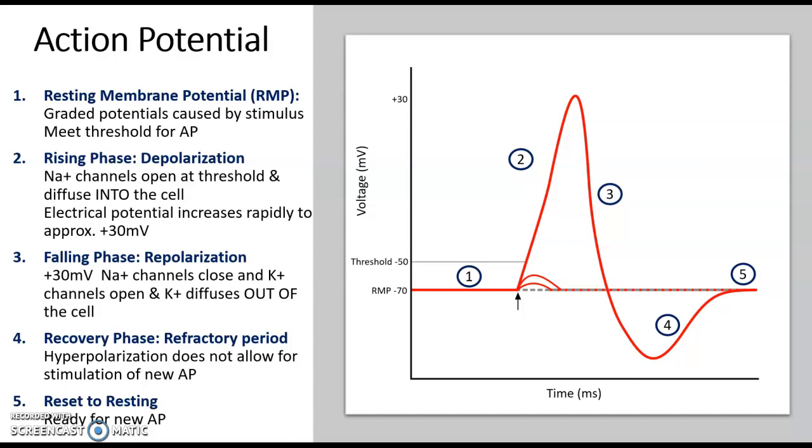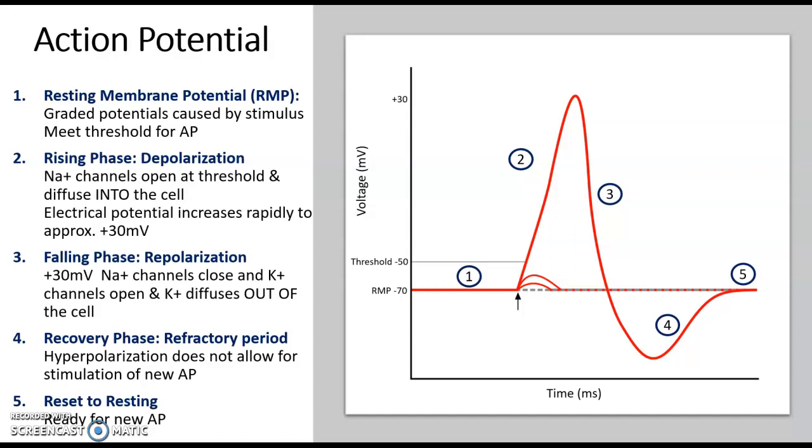Different graded potentials will move through the cell body caused by a stimulus, and these are decremental in that they will spread out and lose some of their oomph as they get there. But if we have potentials that reach the axon hillock and meet that negative 50 millivolt threshold, then the action potential is going to begin down the axon through the rising phase of depolarization.